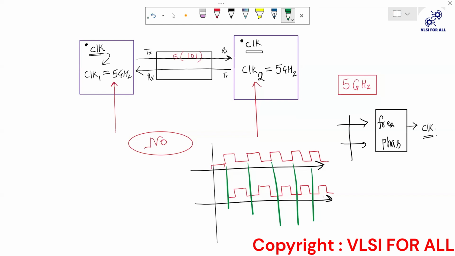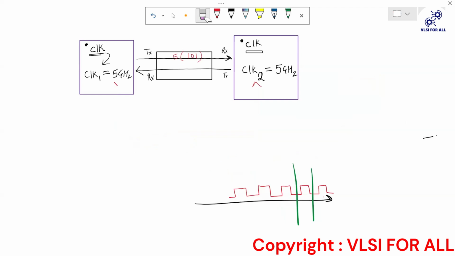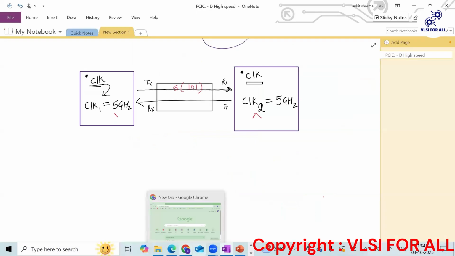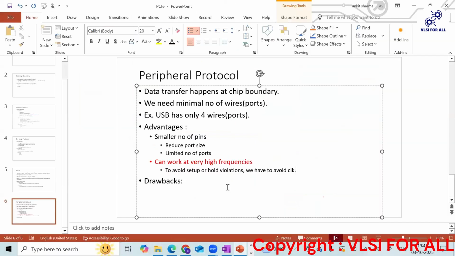So now let me summarize, and answer your question from where we started. To avoid setup or hold violation, we have to avoid transferring the clock. So we are not transferring the clock over pins.